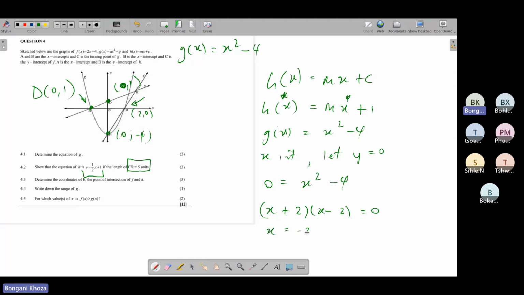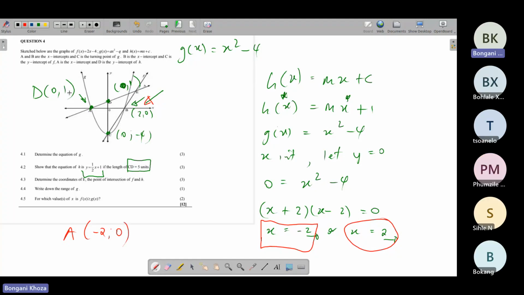So your x value is equal to minus 2, or your x is equal to positive 2. If you check this coordinate over here, the b coordinate already used up x as 2. That means a is the other value. So the coordinate of a is minus 2 and 0.